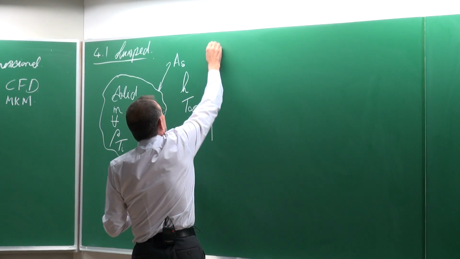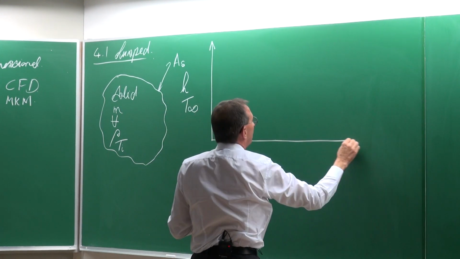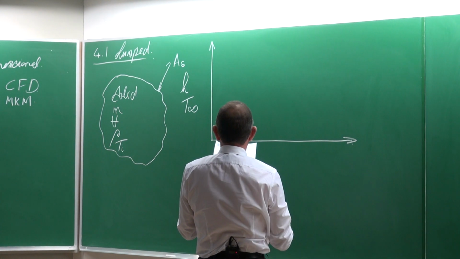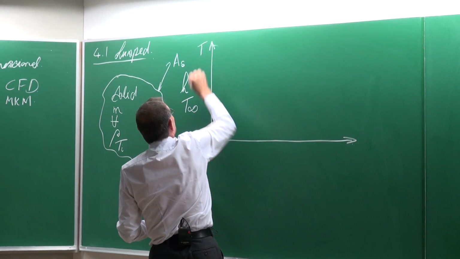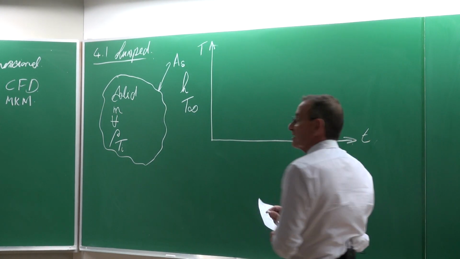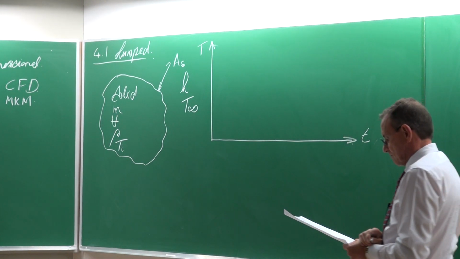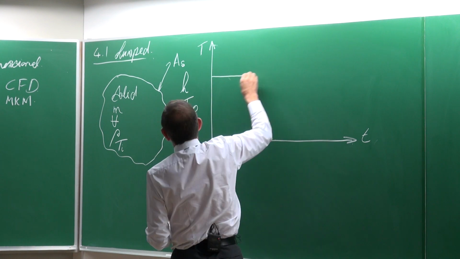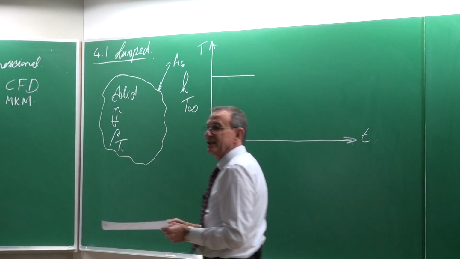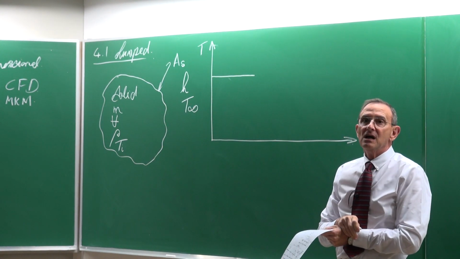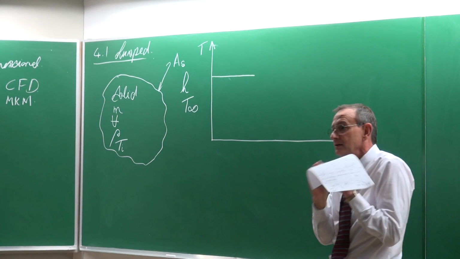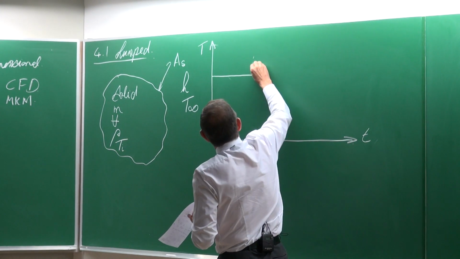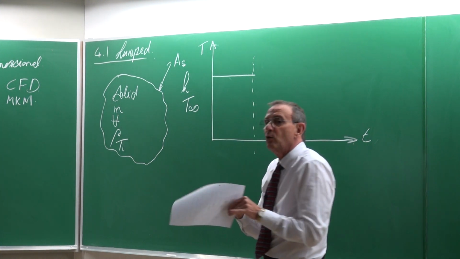So what we know about this body at this stage is, if we look at the curve of the temperature as a function of time, that the initial temperature of this body is Ti. And the assumption is made that that has been the temperature for quite a while.